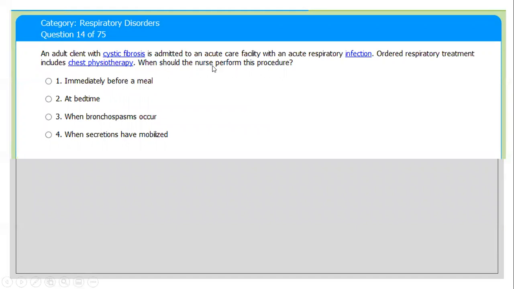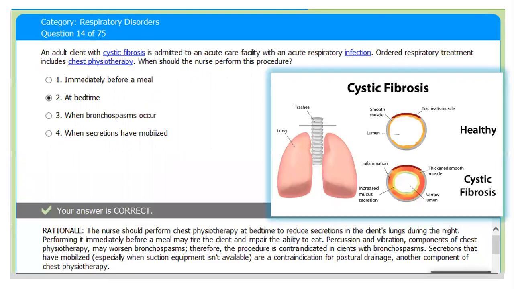When should the nurse perform this procedure? Number one, immediately before a meal. Number two, at bedtime. Number three, when bronchospasm occurs. And number four, when secretions have mobilized. The correct answer is at bedtime.